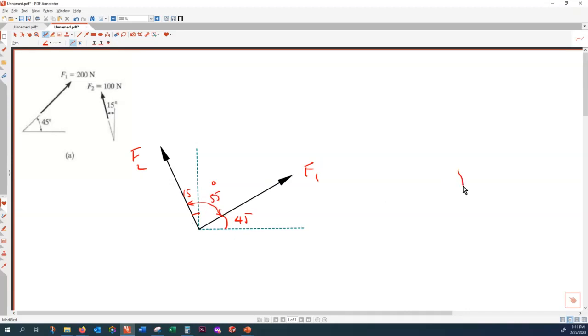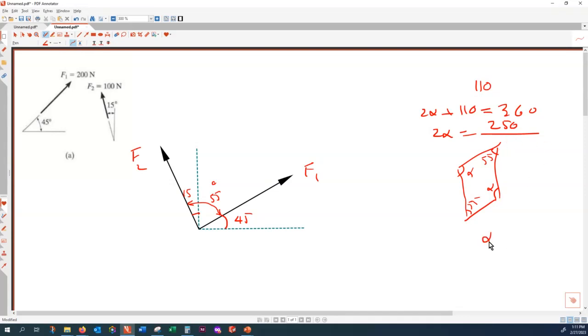So if this is 55 and you construct a parallelogram here, that is 55, this is 55. Altogether, that is 110. And this angle alpha, 2 alpha plus 110 is equal to 360. So 2 alpha is 250.